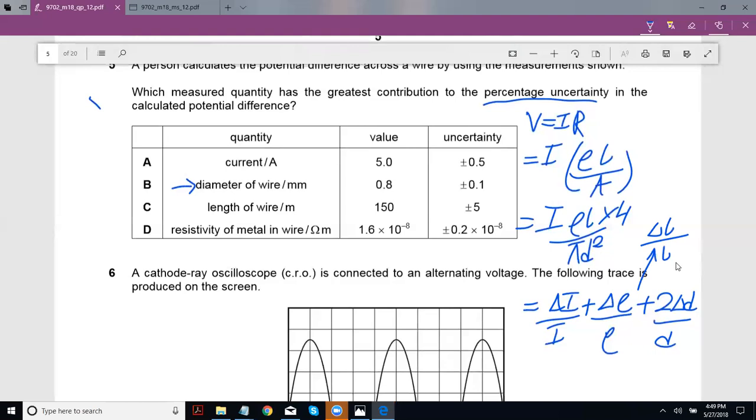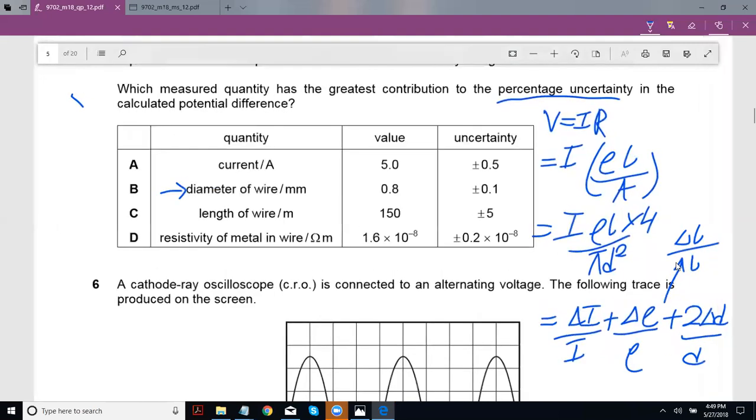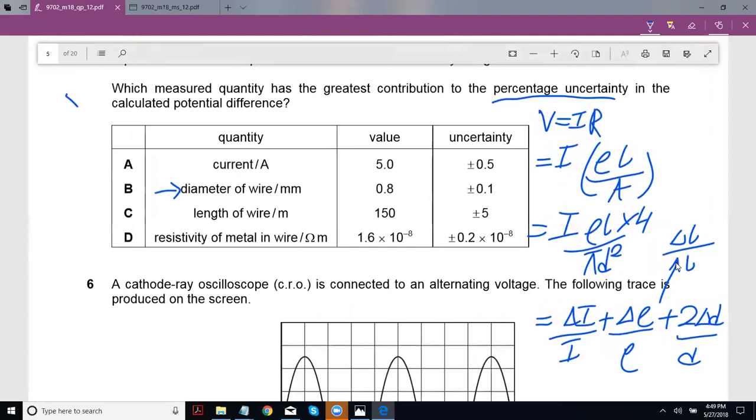Whichever of these fractions, like uncertainty in I over I, uncertainty in L over L, 2 times the uncertainty in D over D, and the uncertainty in rho over rho. Of these 4 fractions, whichever is largest, that would be the answer because that contributes the greatest. So for that, we'll figure out the percentage uncertainties for each of these quantities. So Ashad, if you could go ahead with that.